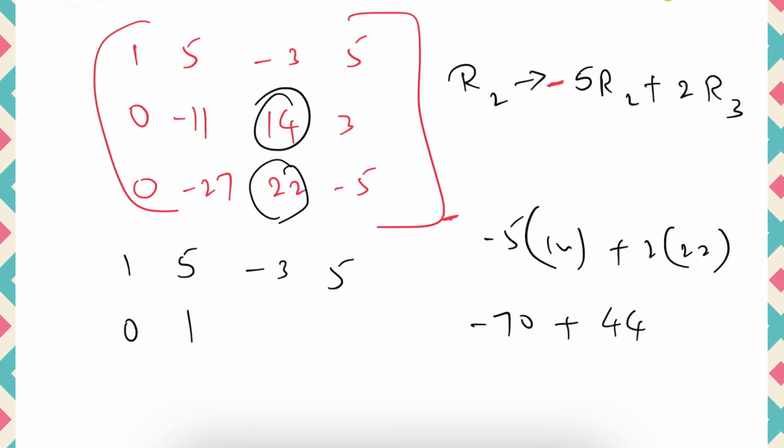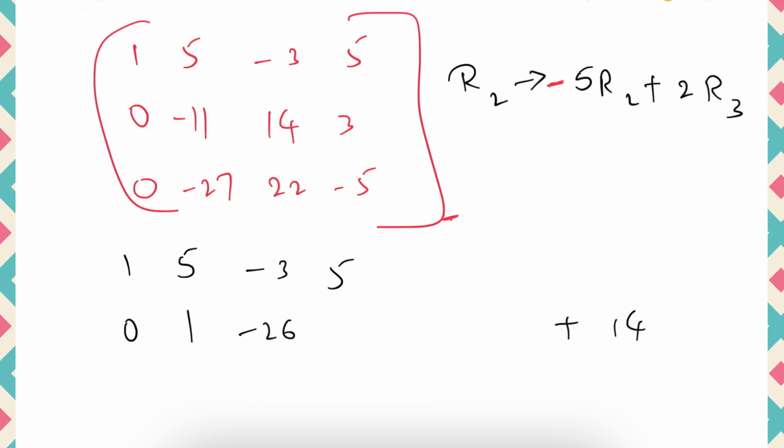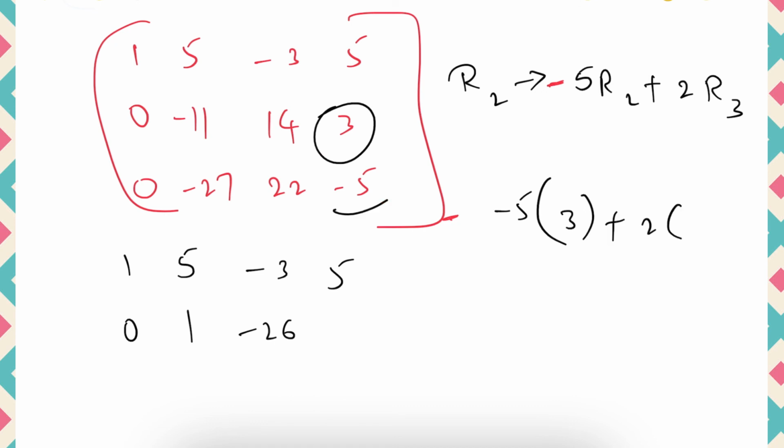Okay, minus 70 plus 44, it will be minus 26. Now the same way with the last element also. So what is the last element? Minus 5 into R2, sorry. R2 is 3, plus 2 into R3 is minus 5. So minus 5 into 3, minus 15, plus into minus, minus 2 fives is 10. Minus 15 minus 10, it's nothing but minus 25.